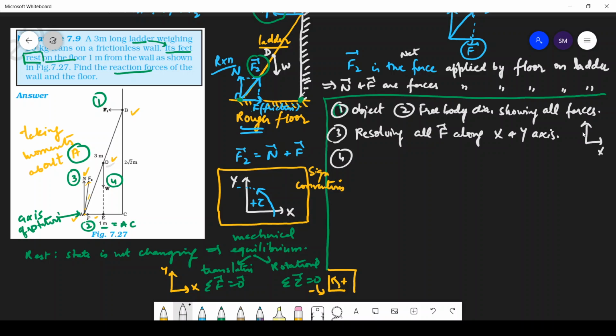So this is your x and this is your y. You need to draw it, okay? This positive, this positive. And now the fourth thing you need to do is apply the equations: force along the x-axis will be 0 and force along the y-axis will be 0. So these are the two steps, third and fourth, which are related to the translational equilibrium.